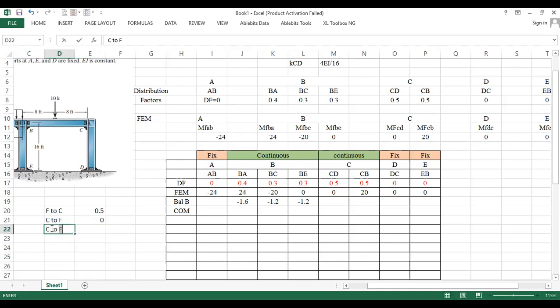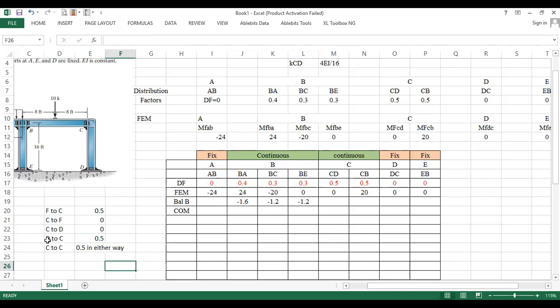Continuous to discontinuous, you don't give anything, but discontinuous to continuous, you should give half, and continuous to continuous, 0.5 in either direction.